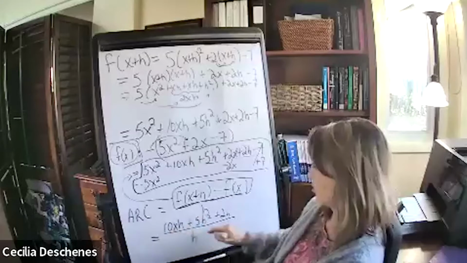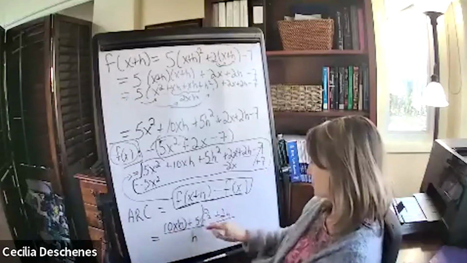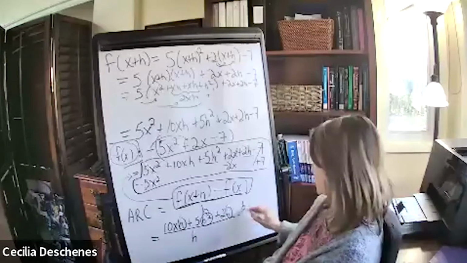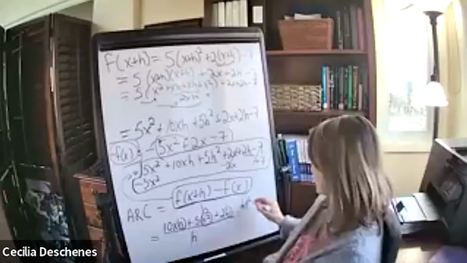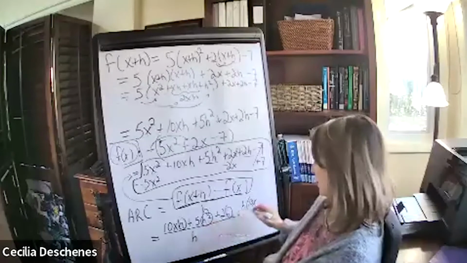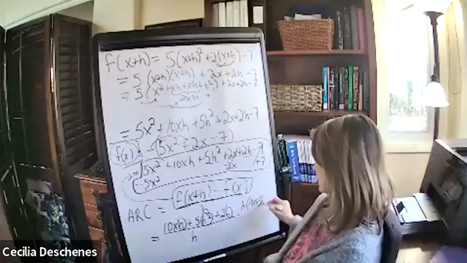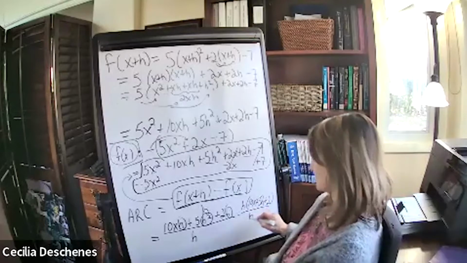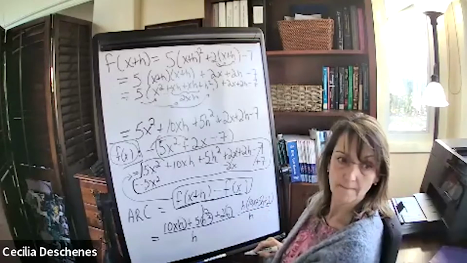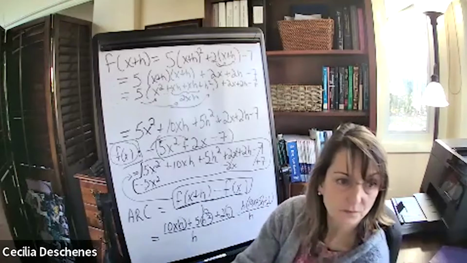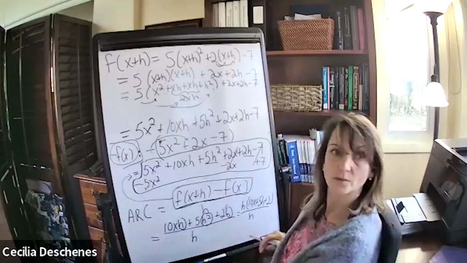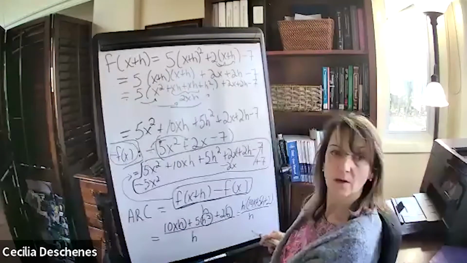So in the numerator, I'm going to factor out an h from each of these terms. And I'm going to get h times 10x plus 5h plus 2, all over h. Okay?